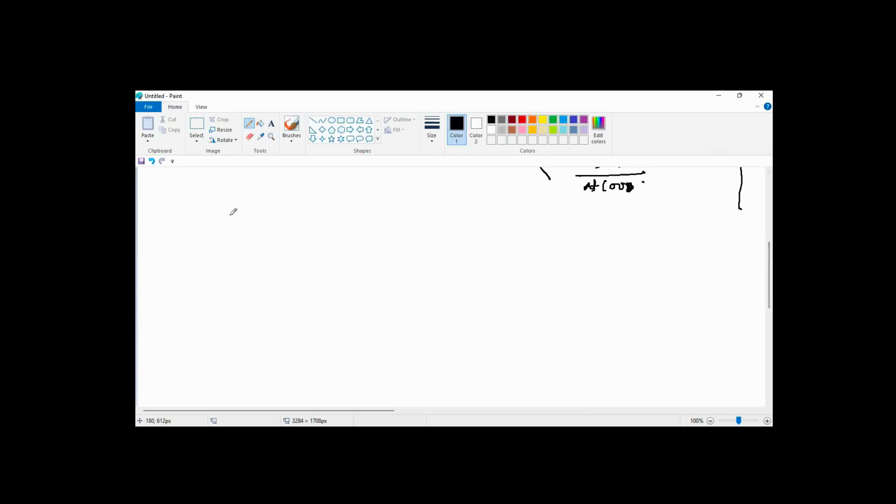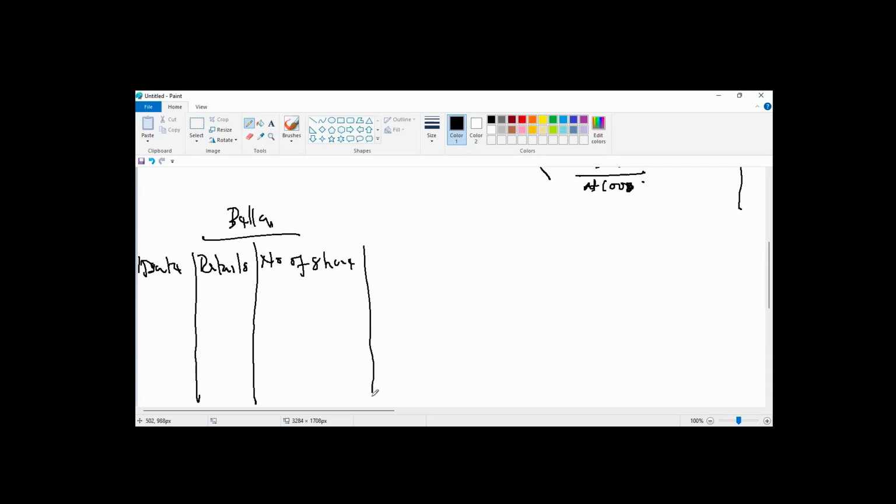I'll draw the table for Bella. Don't forget we have dates, then details, then number of shares, then total shares, then the bonus issue factor. In some textbooks you will see it as bonus factor.